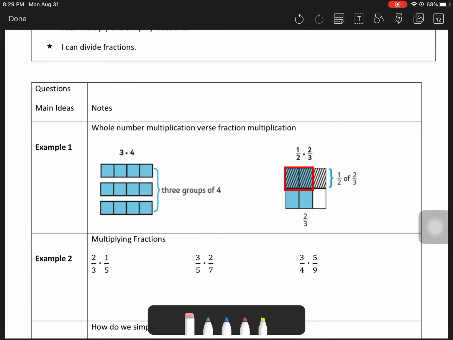Half of 2/3, if we multiply the two together, remember when we multiply it's top times top and bottom times bottom. There's 2 out of the 6 parts, and then we could reduce that. To reduce, we are going to divide the top and the bottom by the same number. 2 can go into both of those, and that would be 1/3 of the whole.